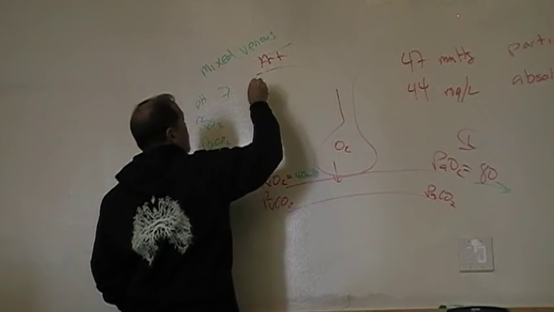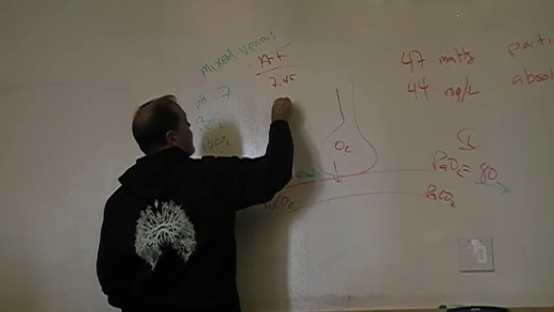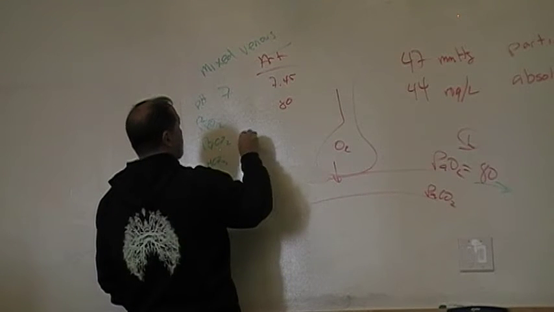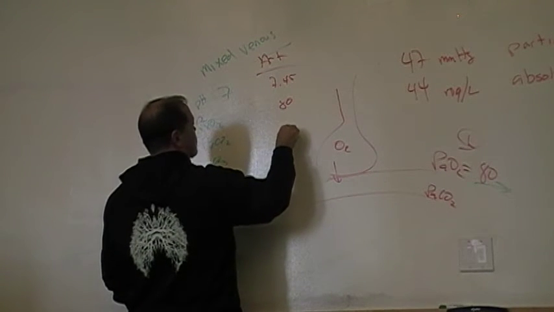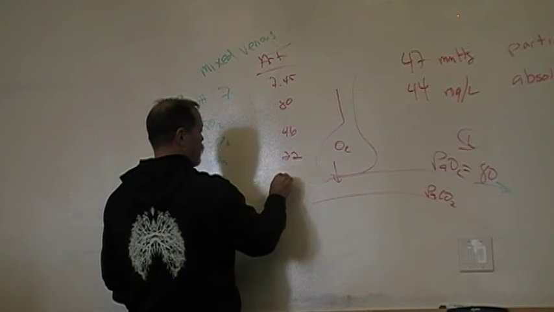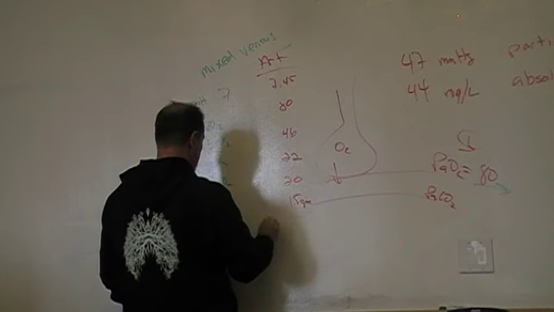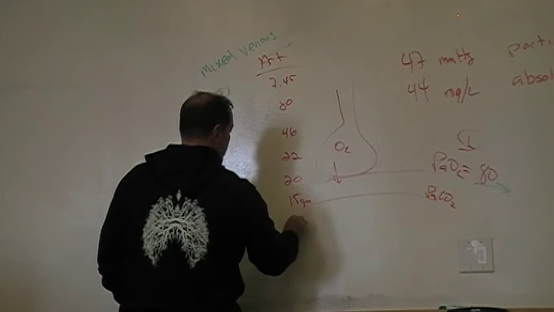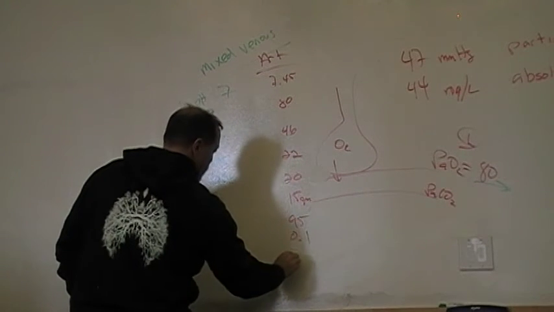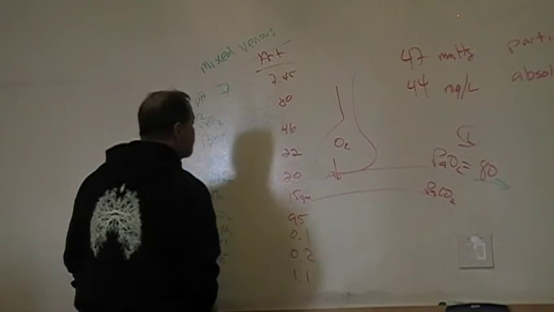So an arterial blood gas, 7.45, PO2 is 80. PCO2 is 46. Bicarb 22, CO2 content 20, hemoglobin 15 grams, SaO2 95, carboxyhemoglobin 0.1, net hemoglobin 0.2, base excess 1.1.